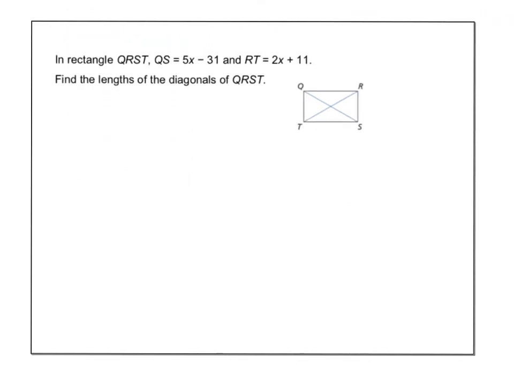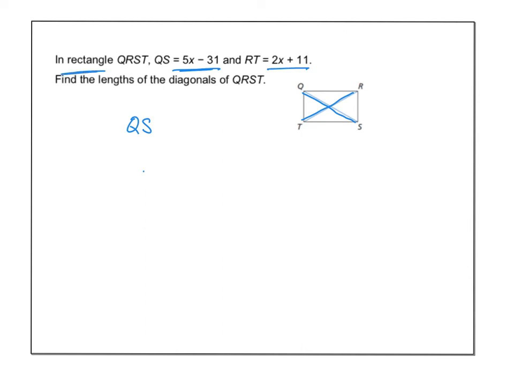All right, so here it says in the rectangle QRST, segment QS is 5x minus 31, and then RT, which is the other diagonal, is 2x plus 11.